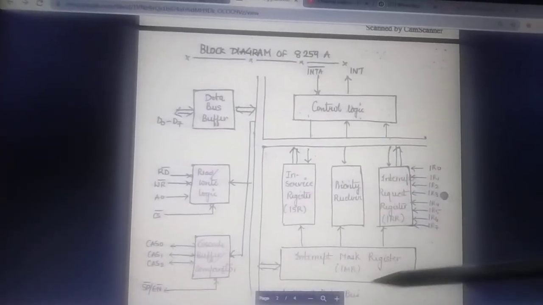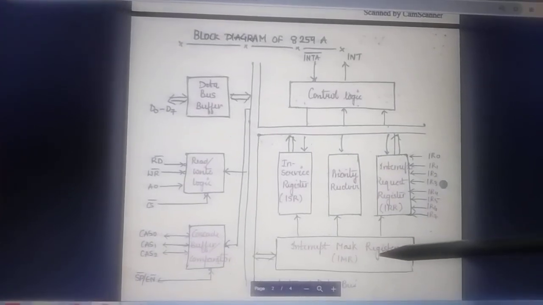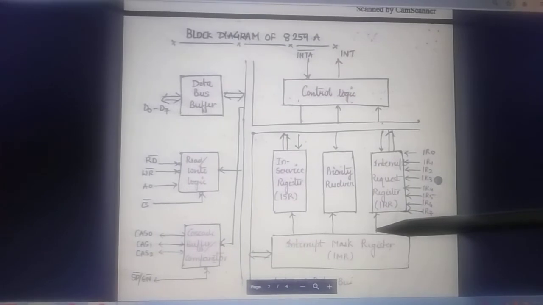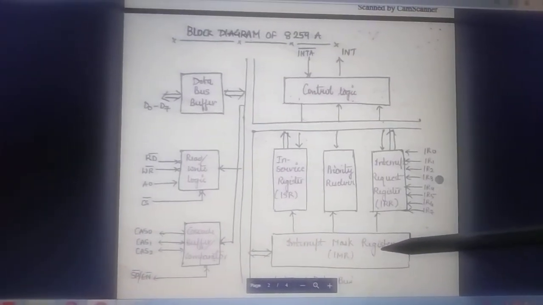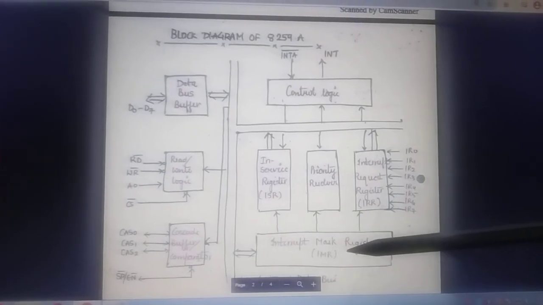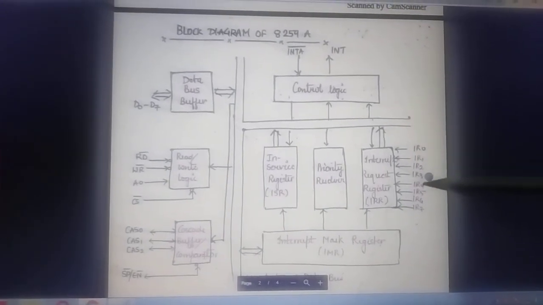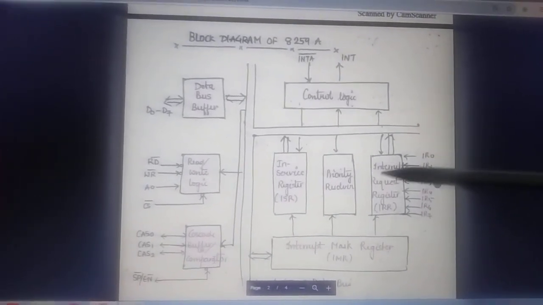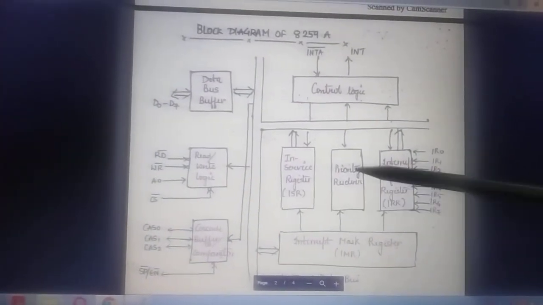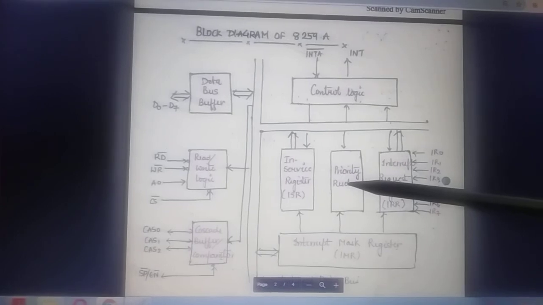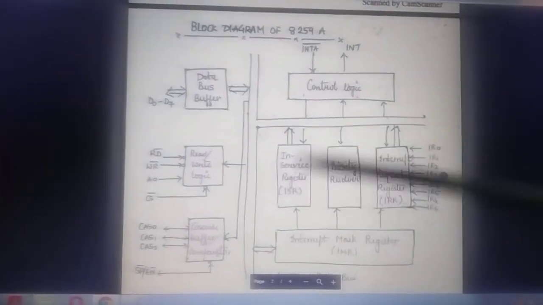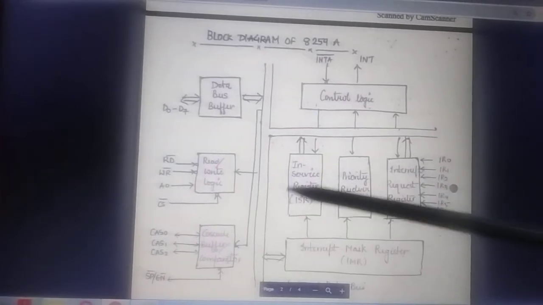The fourth register is called the interrupt mask register, and this register is used to mask the interrupt which is going to be processed. Suppose that any interrupt is received. First it will be checked in the priority resolver. If it has the highest priority, then it can be serviced using the in-service register.